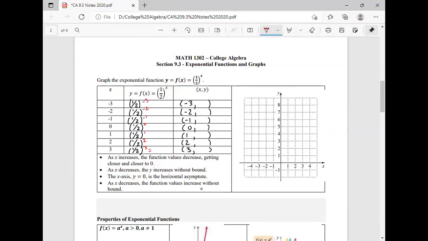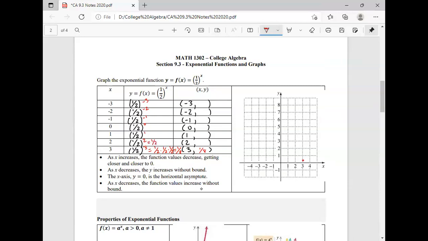So I'm going to start down here because this is a little bit easier to think about what 1/2 times 1/2 times 1/2 is. That's going to be 1/8. So we have a point at 3, 1/8. It's really, really close to that x-axis.